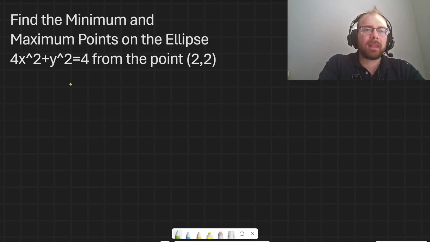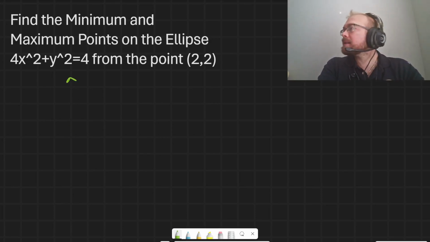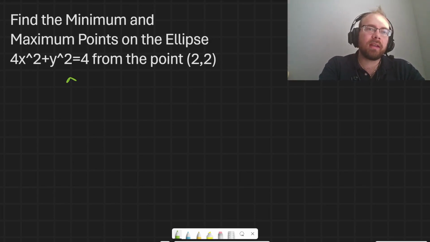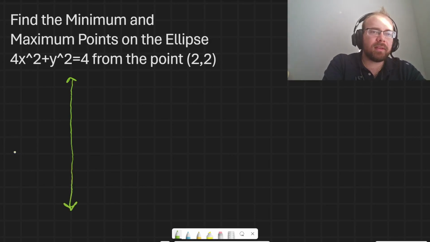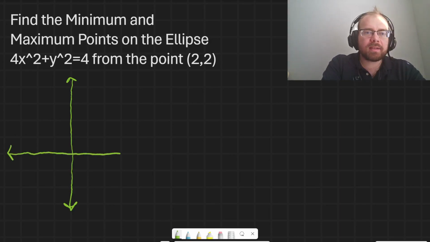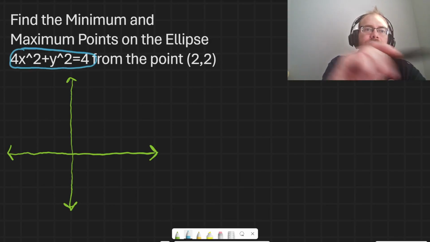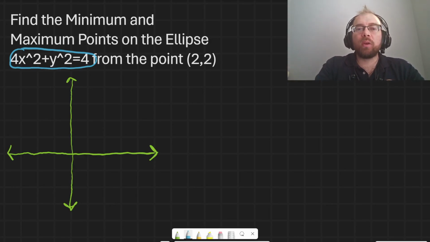If I graph this, you can see the grid lines here, so I'm going off of the grid lines. And there's our x-axis. Okay, so we have our ellipse equation, which if we put it in standard form, we would divide both sides by 4.